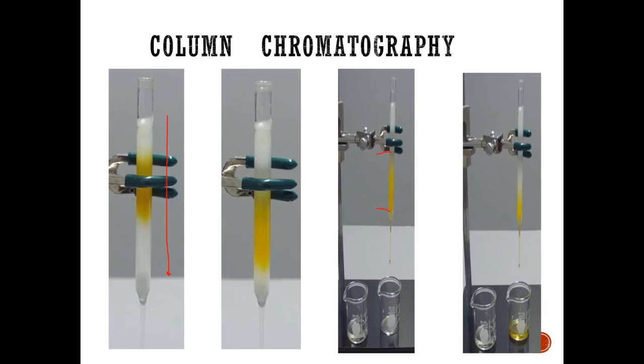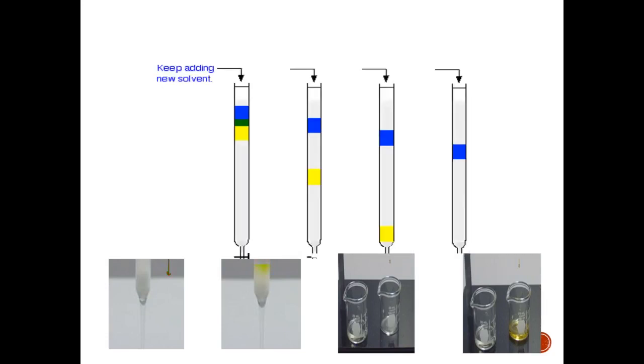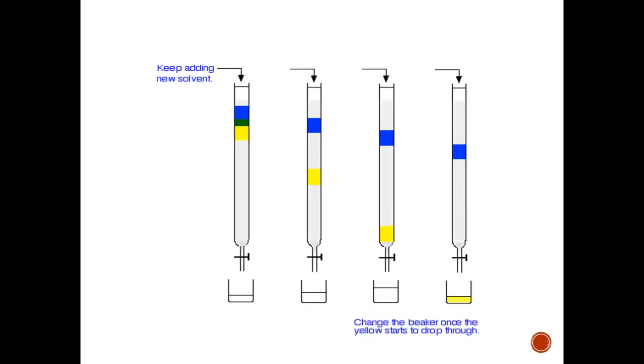Next, as the sample reaches the end point of the column, we take another beaker or flask to collect the sample for further analytical technique. This is the common representation of how we add the stationary phase. Here the phase is filled, here the sample is filled.